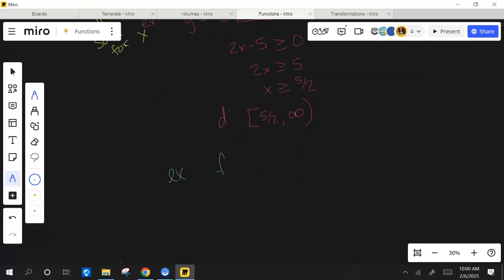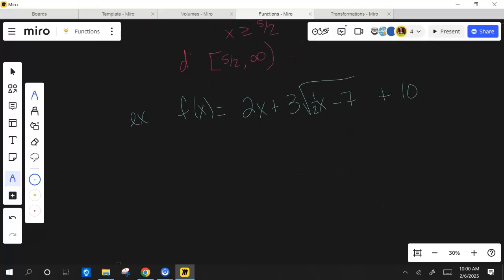At the end of the day, I see a radical in there. I know that the radical is going to throw my domain from the beginning.